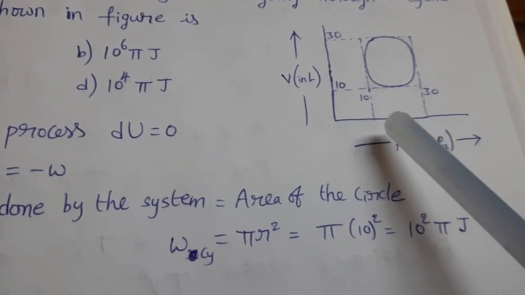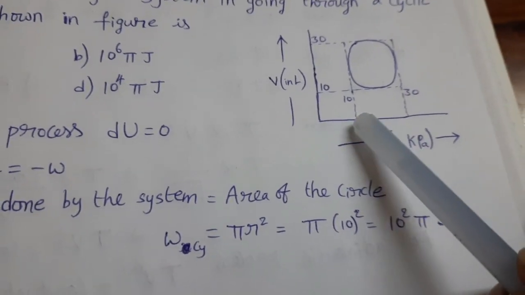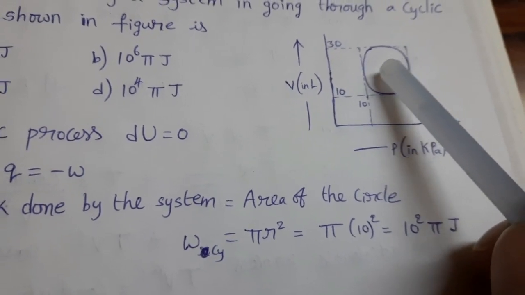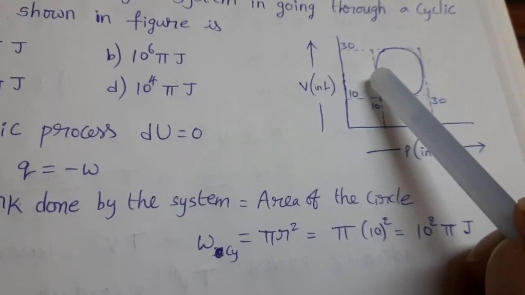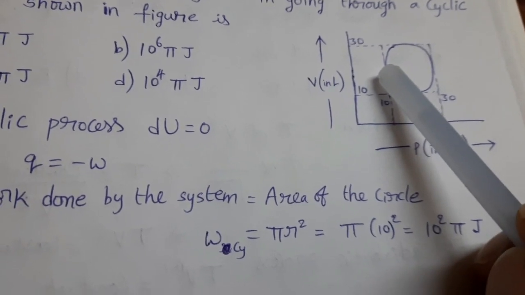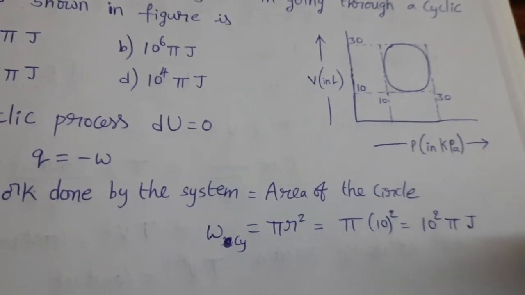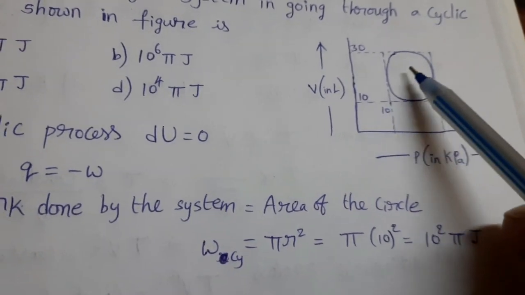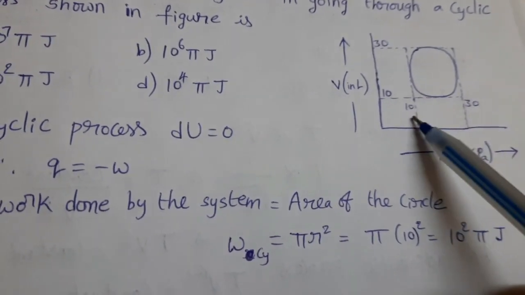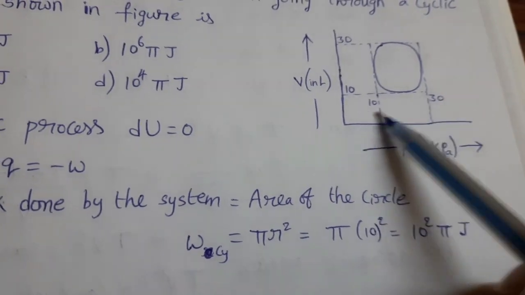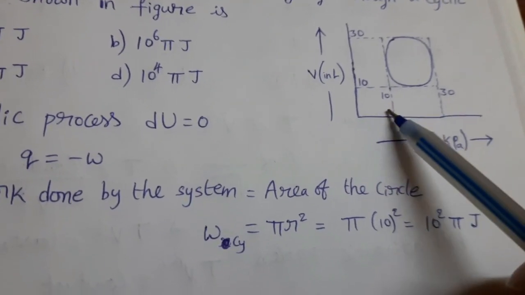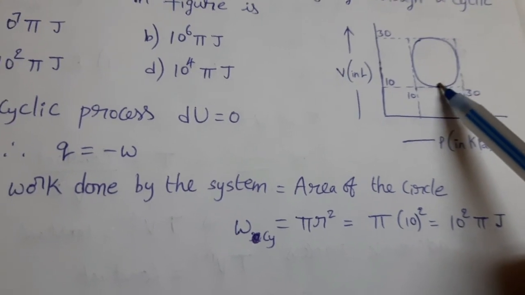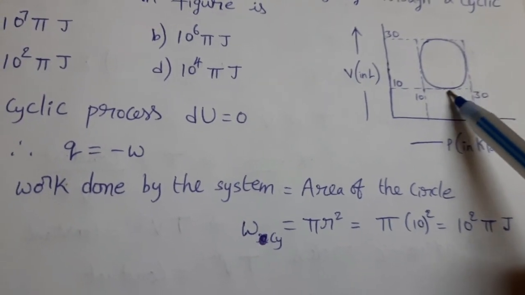R means radius, and we want the radius. Radius means the distance from the center to any point on the circle. See here, from this point to this point, the total length is 30 minus 10, which is 20.